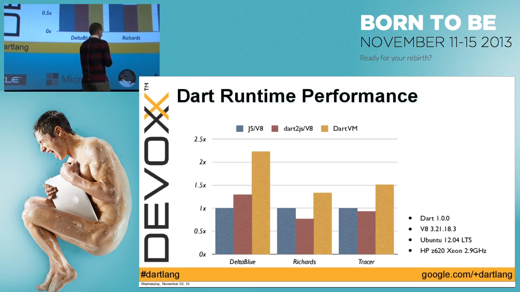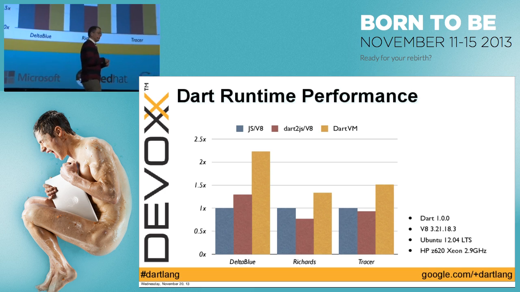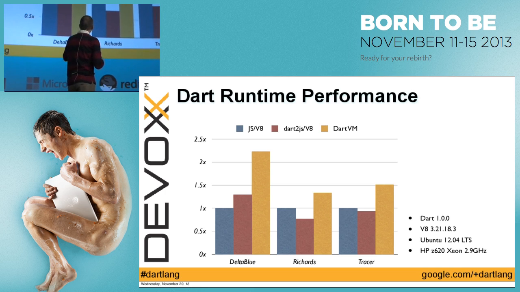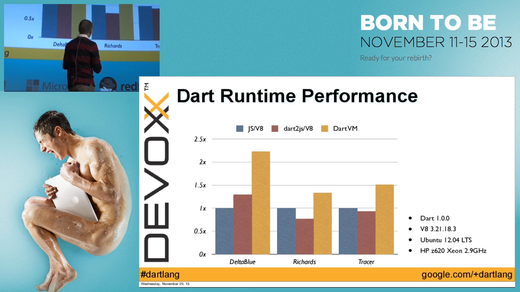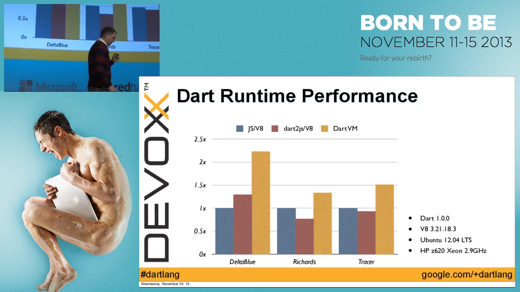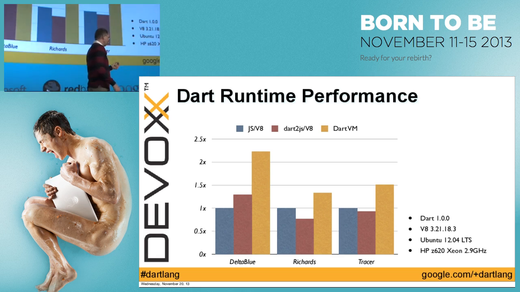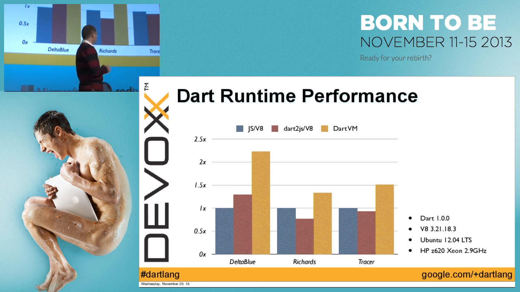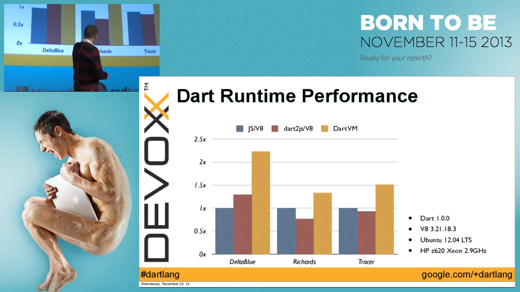So these numbers have been computed on a desktop system. All the numbers versus are on the right. The blue columns are the JavaScript benchmarks running on top of V8. And we have normalized the numbers, so this is ×1. So you can see that if we have the Dart version compiled to JavaScript and running on top of V8, they're actually faster, which is great for Delta Blue, a little bit slower for Richards, and a little bit slower for Tracer.